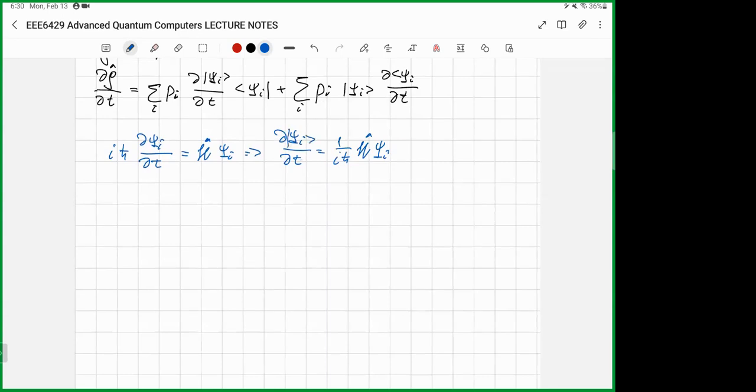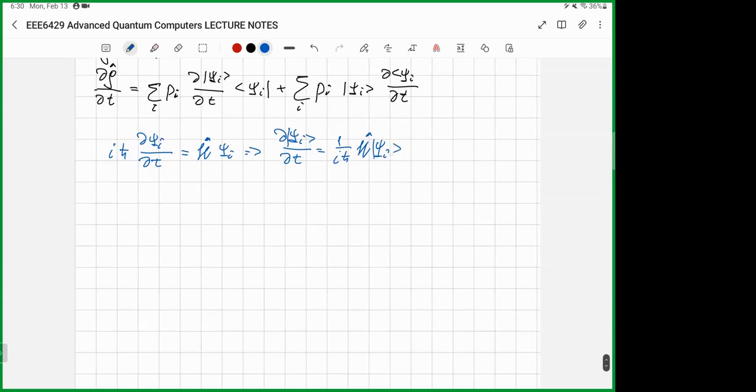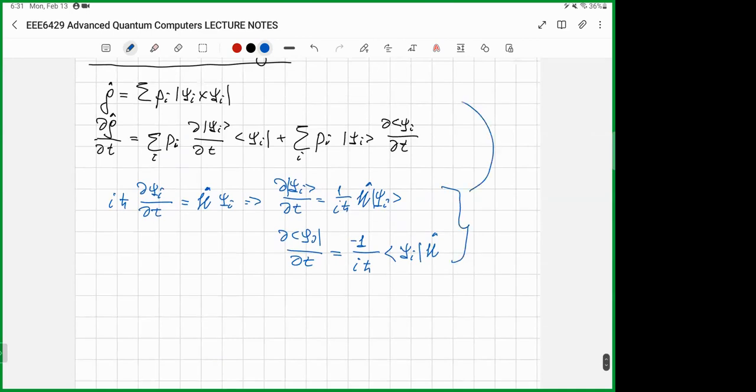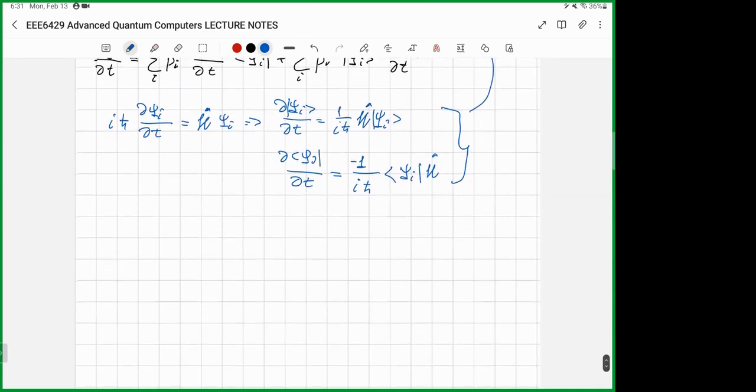Well, this is for the ket. For the bra, I can write the same. I just need to take the complex conjugation, so it will be minus 1 here, and then I have to flip these two. The Hamiltonian is a Hermitian operator, so the Hermitian conjugate is equal to the operator itself.